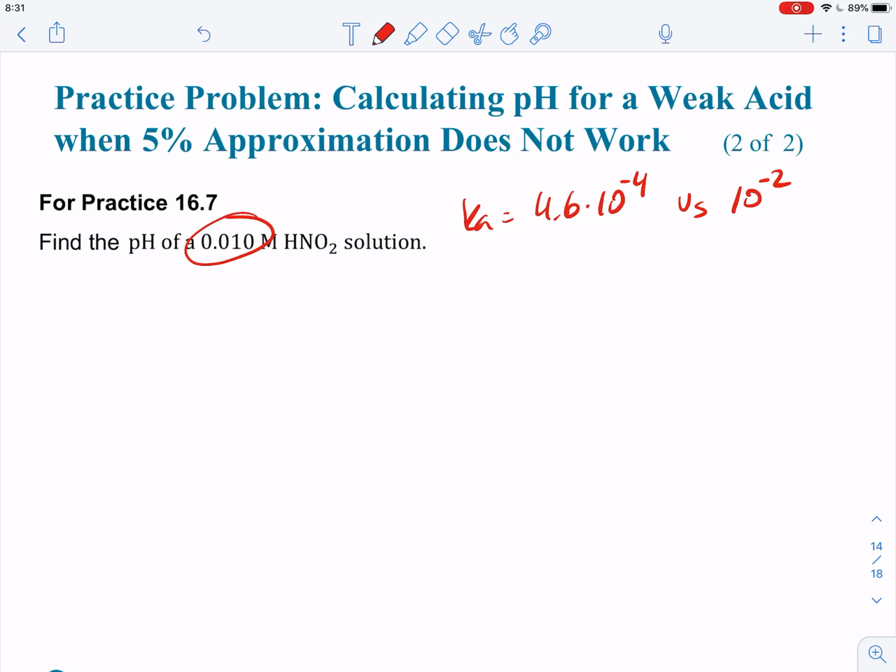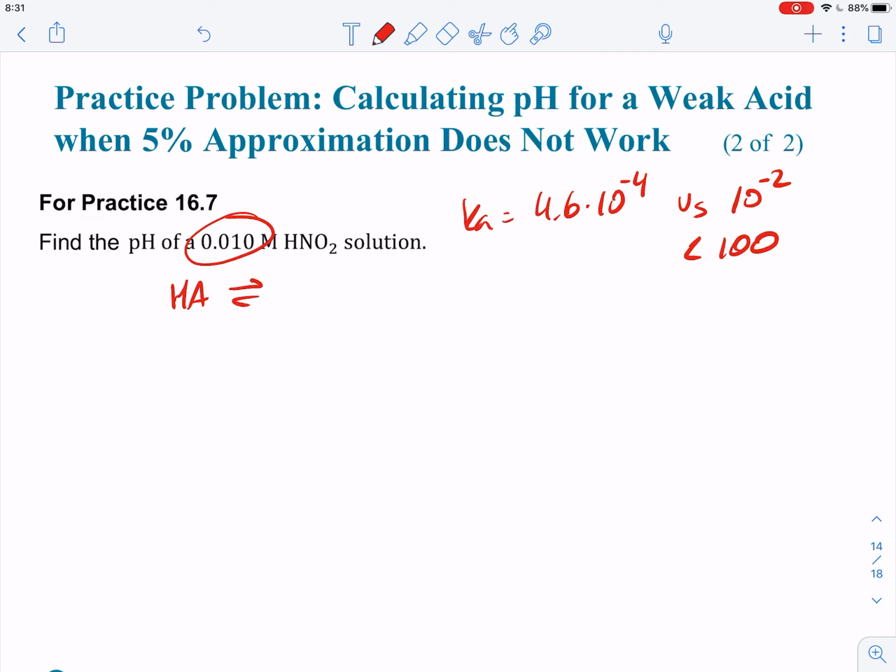It's a little less than 100 times. Okay, so you are kind of borderline. So let's treat this problem as if it was a not valid assumption.